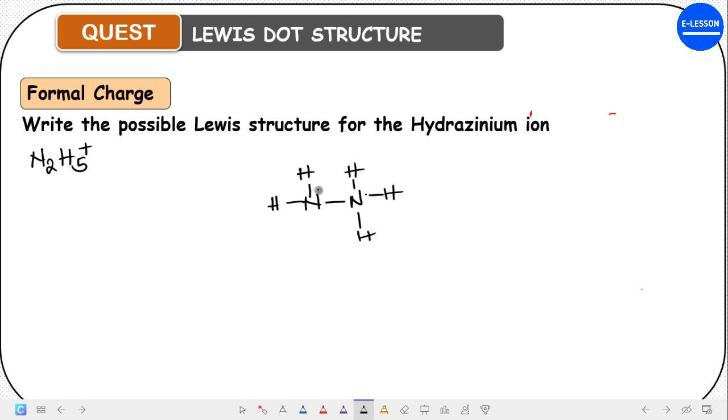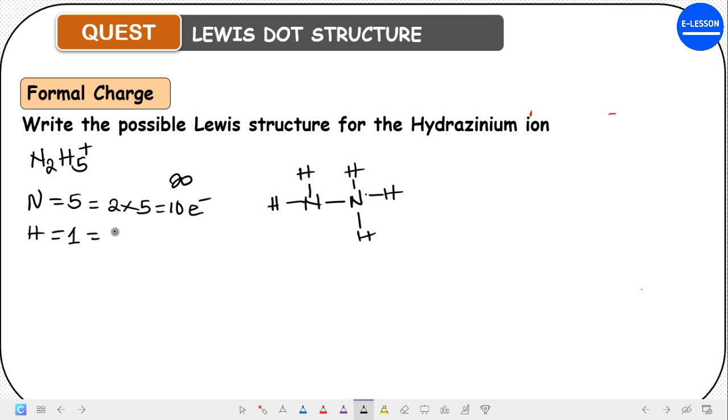Now we are going to count the total number of electrons first. Even before this one, we are supposed to count the total number of electrons. Now nitrogen is a group 5 element. It has 5 valence electrons. How many nitrogens are there? 2. So this becomes 2 times 5, which gives us 10 electrons for nitrogen. How many hydrogens? We have 5 hydrogens. Now hydrogen is considered as group 1 while you are writing the Lewis dot structures, with 1 valence electron.